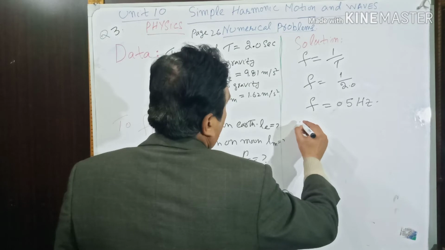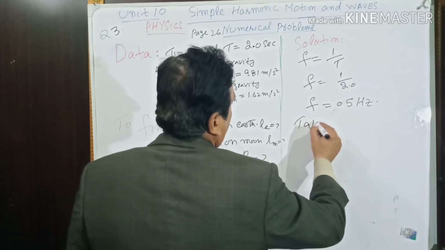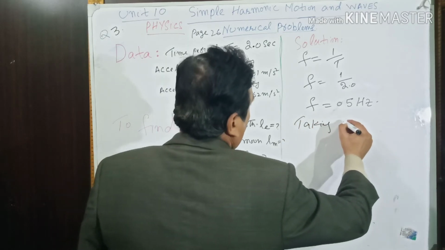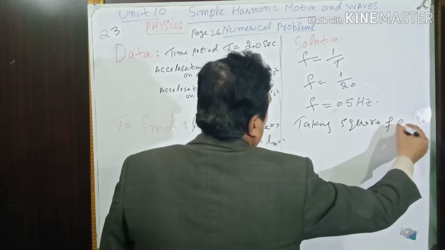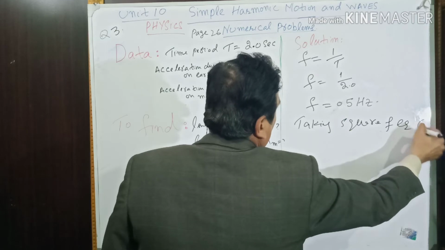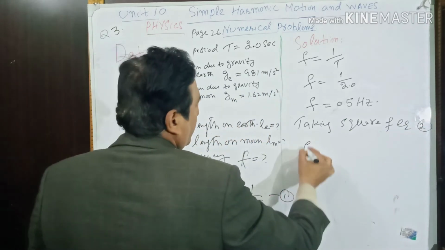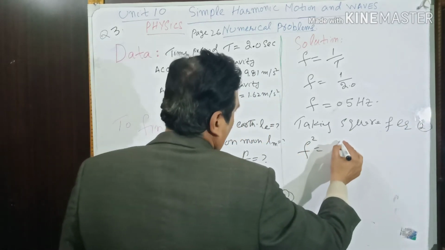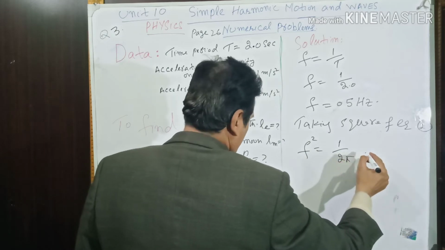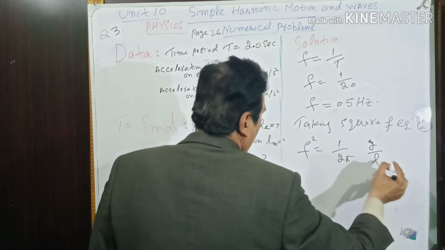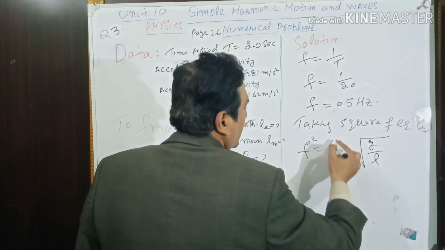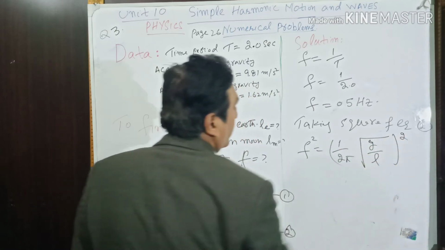First, taking square of equation 2, f square is equal to 1 by 2 pi under the root g by L, whole square.